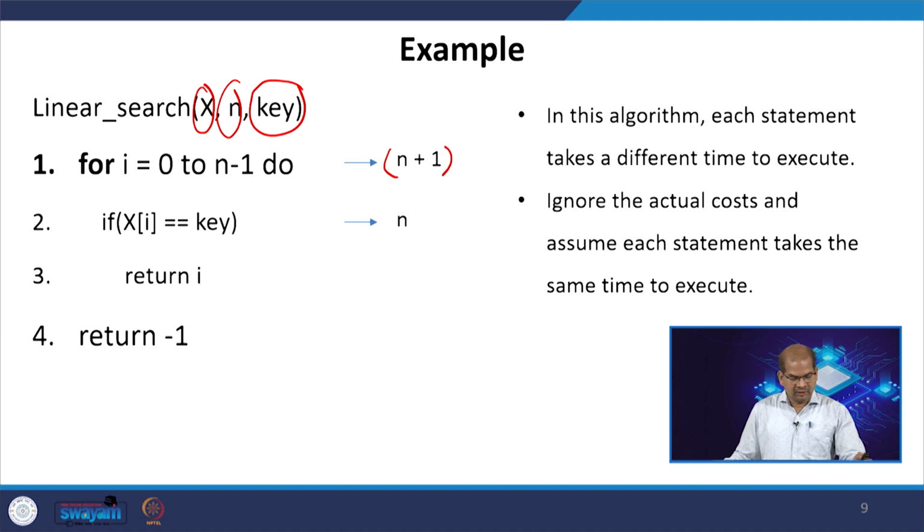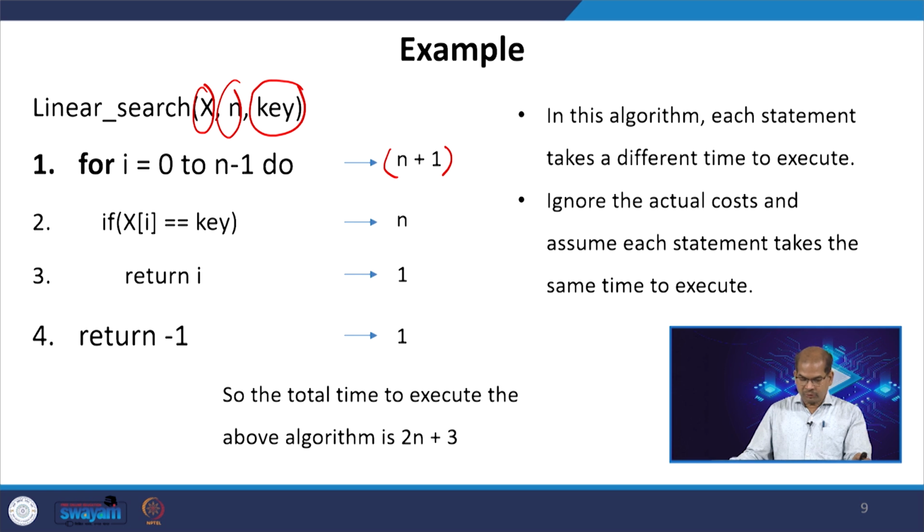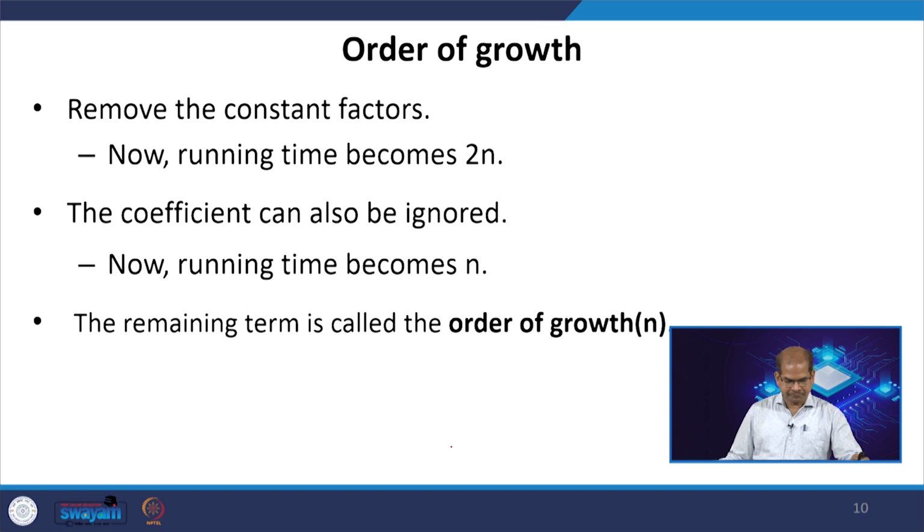Then line number 2 will run for n times, then the return will run for 1 time, and the last return will run for 1 time. So the total time to execute the algorithm is 2n plus 3.